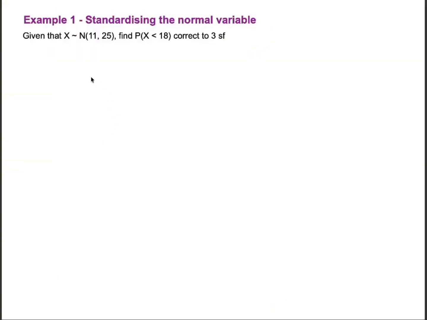We take a look at another example where we're given that x is normally distributed with a mean of 11, therefore mu is equal to 11, and your sigma squared is equal to 25. So your standard deviation will just be 5, the square root of 25. Then we want to find the probability that the random variable x is less than 18.